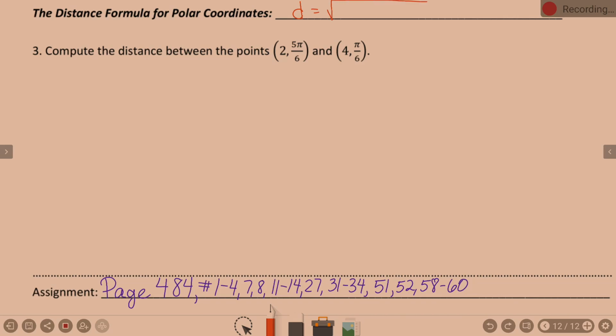D equals the square root of R1 squared plus R2 squared minus 2 times R1 times R2 times the cosine of theta 1 minus theta 2. And what is that based on? The fact that one of these points is R1, theta 1 and the other point is R2, theta 2. Okay?